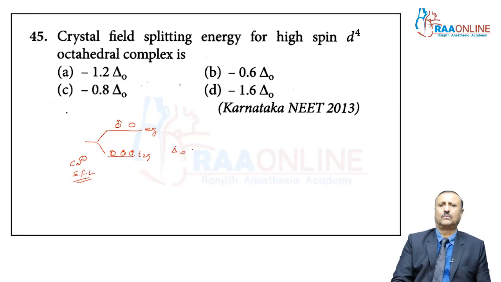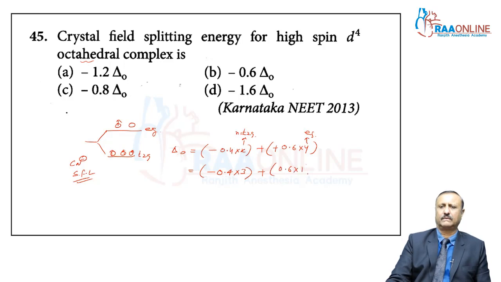Here del O, because we want the octahedral CFT. Del O, my dear students, is equal to, as we gave you the formula earlier, minus 0.4 into x plus 0.6 into y. Here x belongs to the t2g orbitals, the number of electrons, and y belongs to the eg electrons. Here, minus 0.4 multiplied by the number of t2g electrons, that is 3, plus 0.6 into 1.